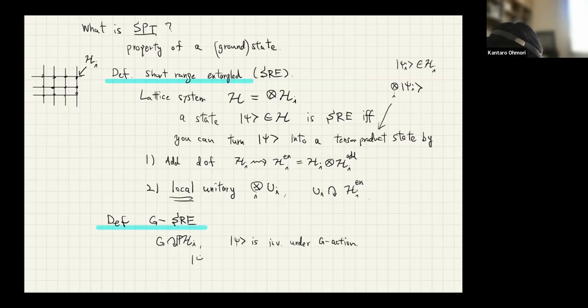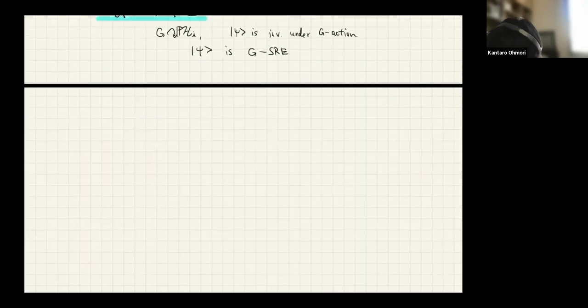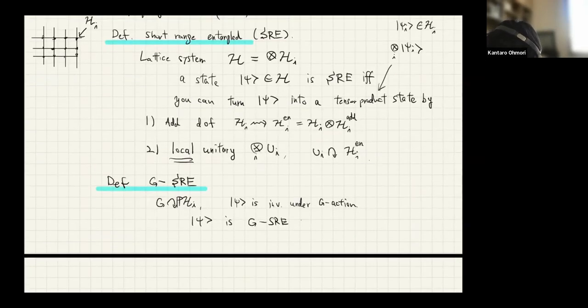Then psi is G invariant, G SRE, if the above UI, so in the definition of short range entangled, this UI preserves G. Okay.